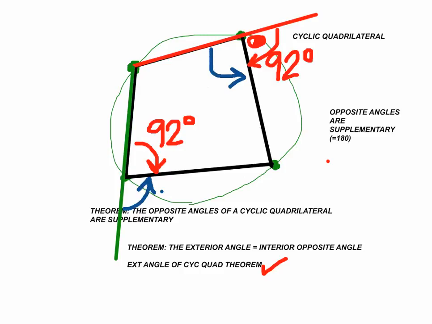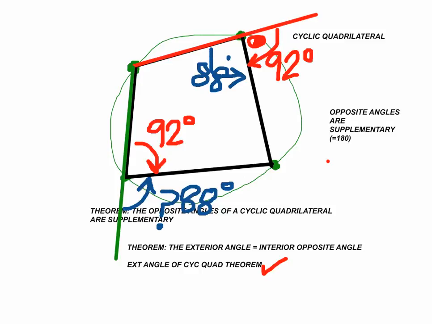Oh, by the way, what is this one equal to now? Yeah, because these angles are in a straight line. So what is the other blue one? 88. It's pretty easy, isn't it?